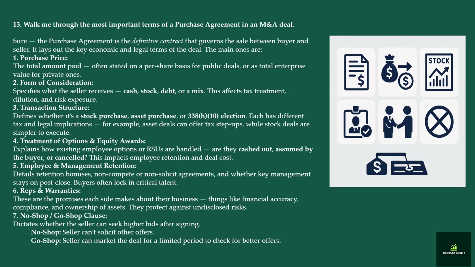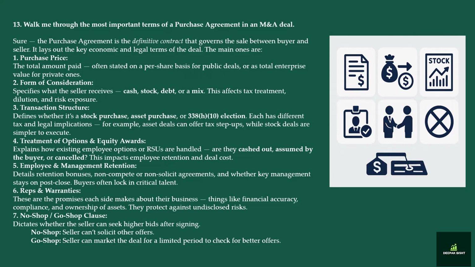So these are statements of fact each party makes about their businesses. The seller typically makes reps regarding its financial statements, legal compliance, contracts, IP, litigations, and ownership of assets. And the buyer may also make reps about its ability to finance and complete the deal.